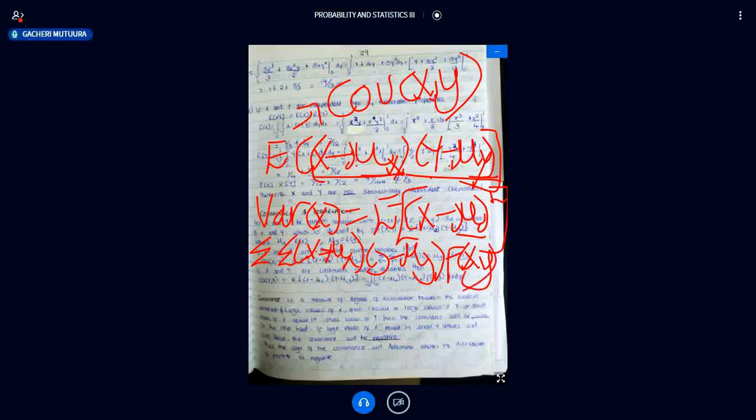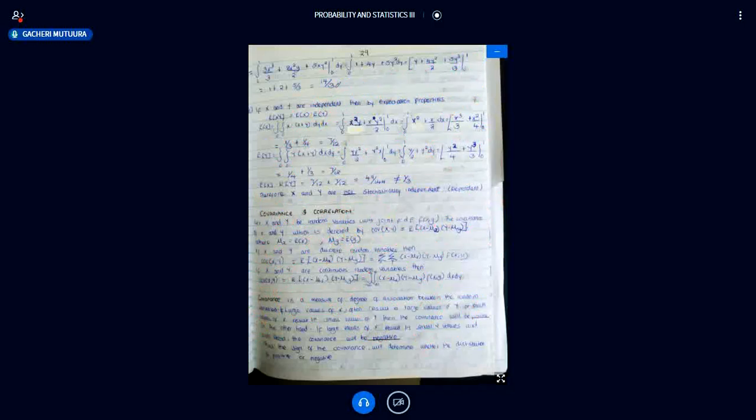If you're dealing with a continuous random variable, you expect that this will be the integral of the same value: x minus mu x into y minus mu y, and then fxy dx dy. So that is what you're going to be dealing with when obtaining the covariance.